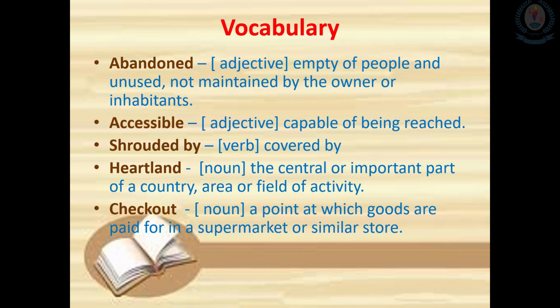It is also an adjective. Shaded by: covered by. It's a verb. Heartland: the central or important part of a country, area or field of activity. It's a noun. Next one, check out: a point at which goods are paid for in a supermarket or similar store. It's a noun.